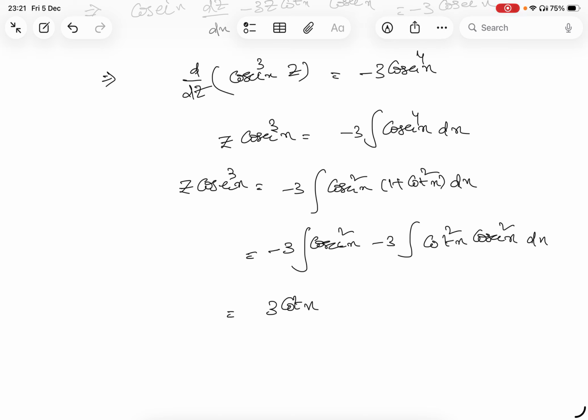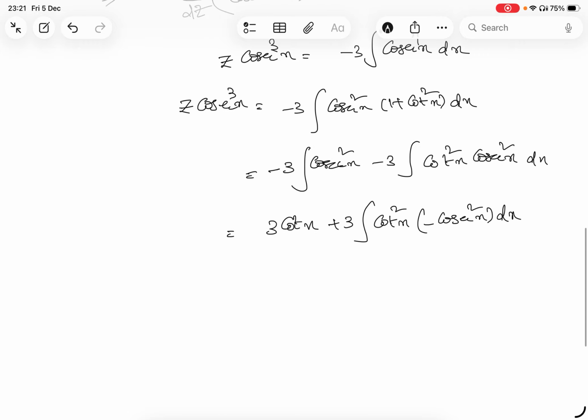Now here, let's write it like this. This is cot square x into minus cosecant square x dx. Fine.